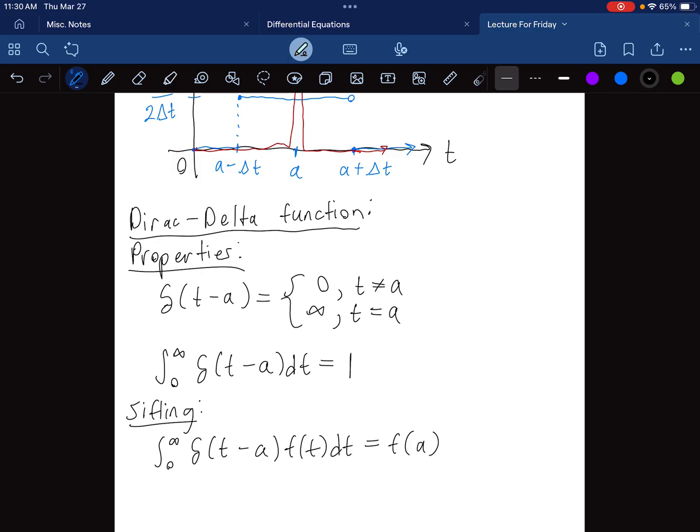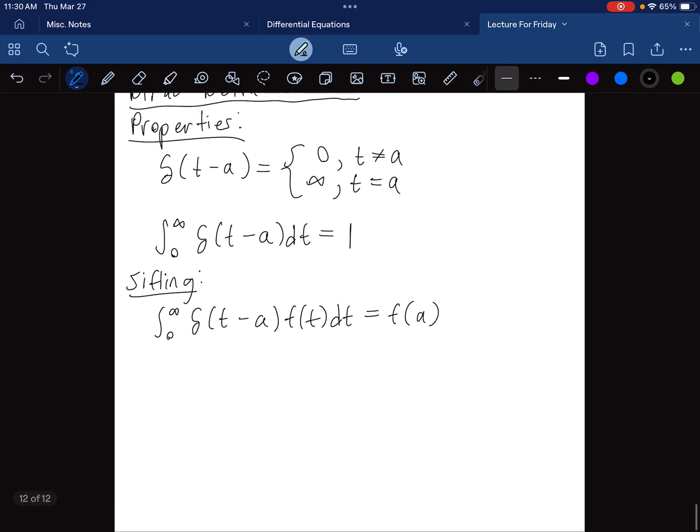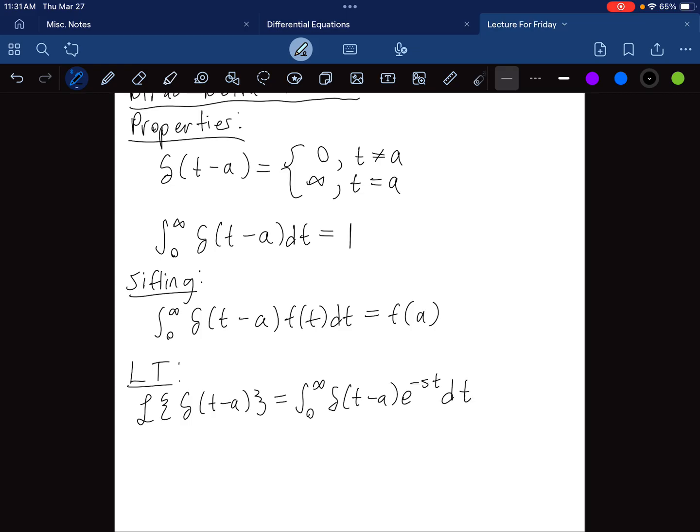And so the sifting property is really useful for us, since if we were going to take the Laplace transform of the Dirac delta function of t minus a, remember the definition, from 0 to infinity, the Dirac delta function of t minus a, e to the negative st dt.